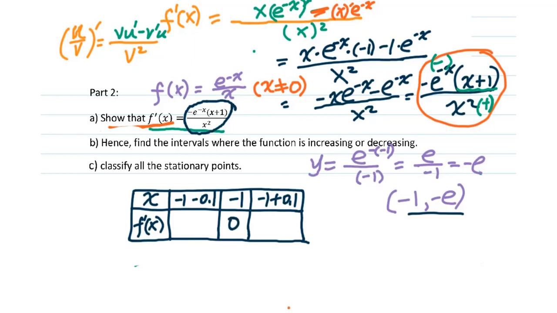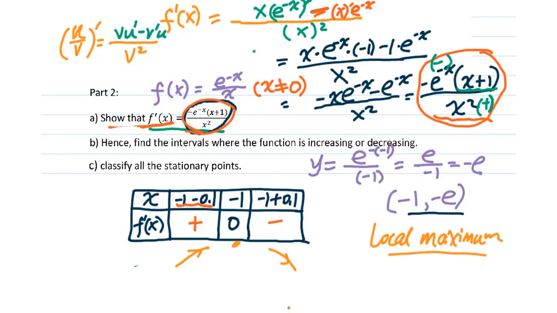You need to put these numbers into the derivative function. Then you could say this will be positive, and here's a negative. Therefore, this is increasing, this is decreasing. You could see this point will be a local maximum point.